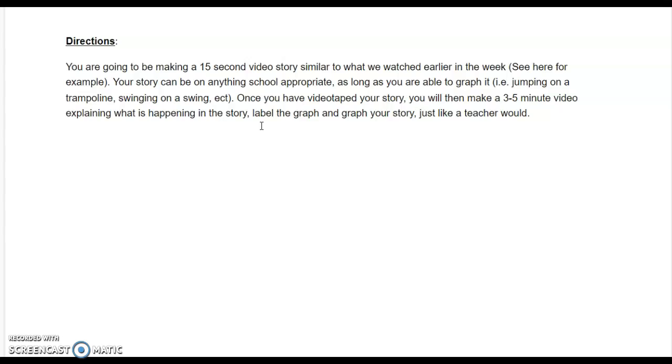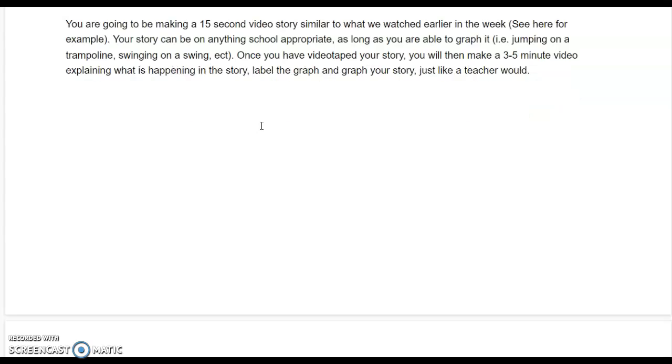Once you've done that, you're going to videotape your story just like I showed you how I was explaining what was going on while the video played and graphing it. It needs to be between 3 to 5 minutes explaining what is happening in the story video, how to label your graph, how to graph your video, and any misconceptions that you can see.